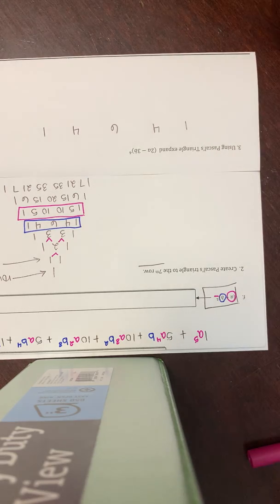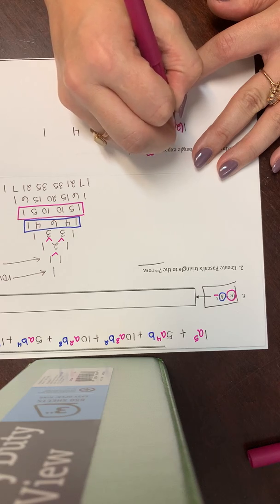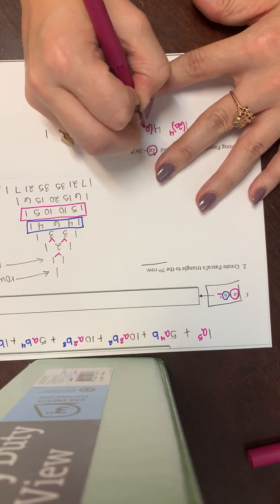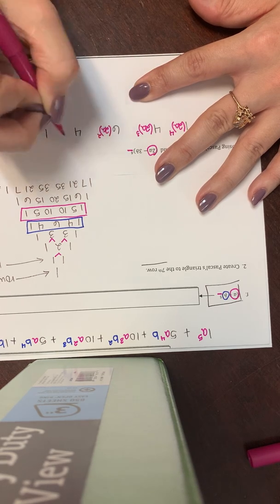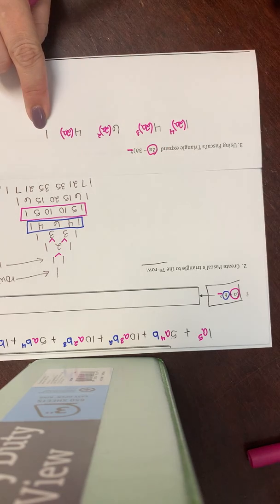Again, looking at our first term, which is 2A. It's to the 4th power, 2A to the 3rd, 2A to the 2nd, 2A to the 1st is just 2A, and then we don't need anything here because anything to the 0 power is 1.